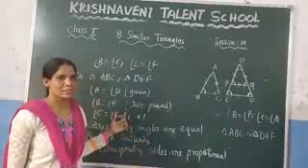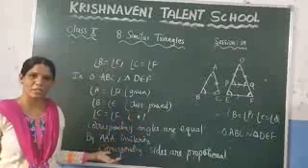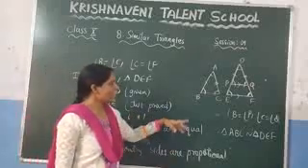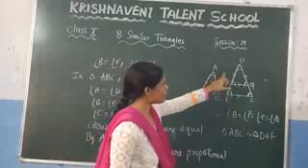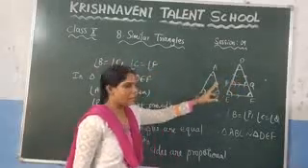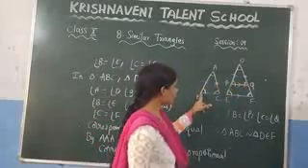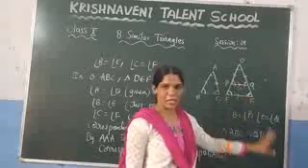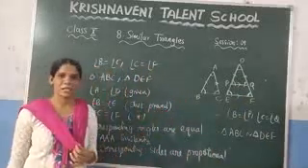That is SSS similarity. Now we have just discussed SAS similarity. What does it state? If one angle in one triangle is equal to one angle in the other triangle, and if the included sides are proportional, then we can say that those two triangles are similar.